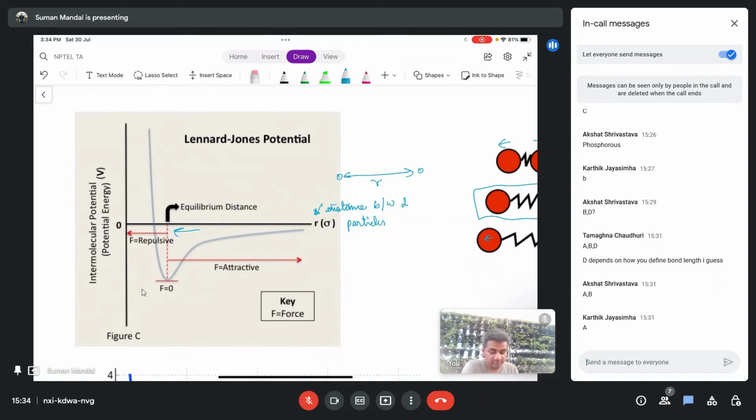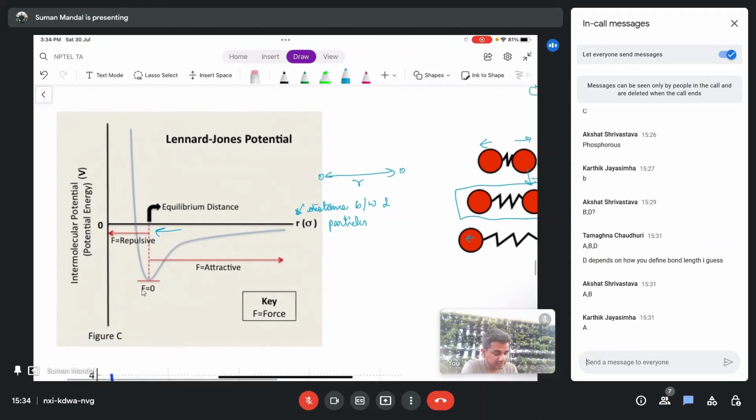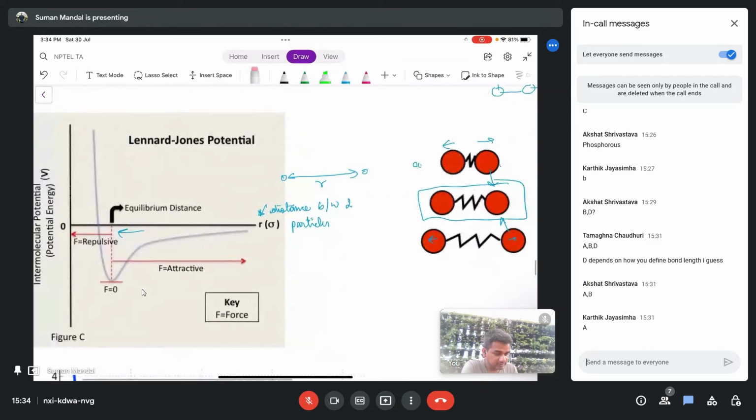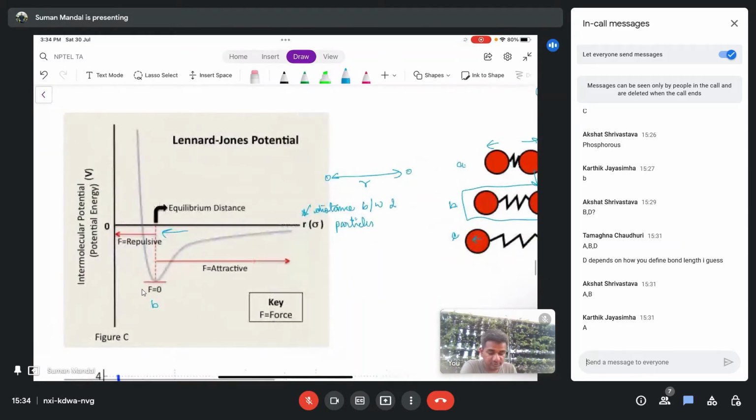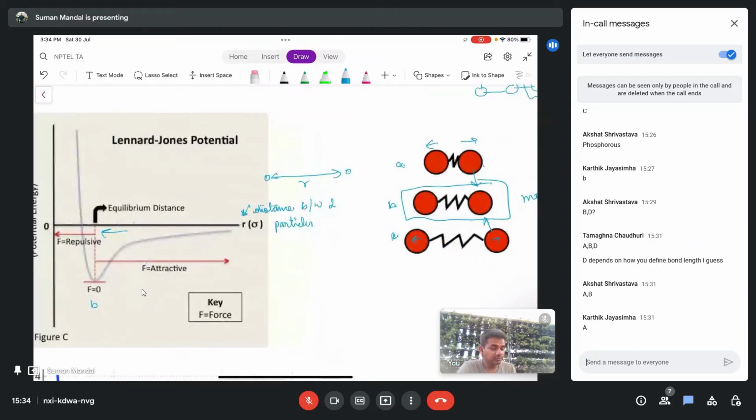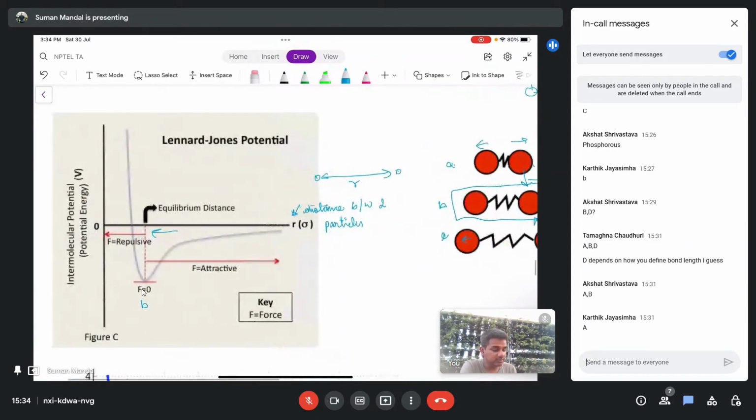But after a point, you reach this state, B here. And if you try to squeeze it any more, then it will have a repulsive force. It doesn't want to be in that state.